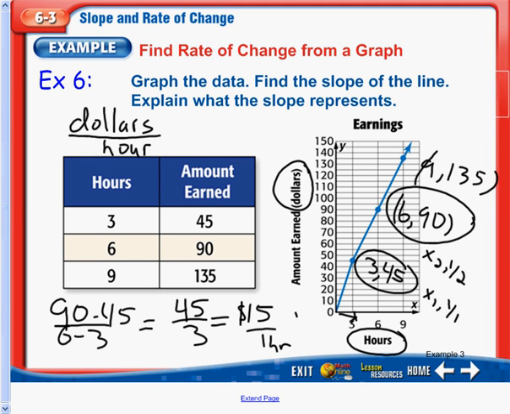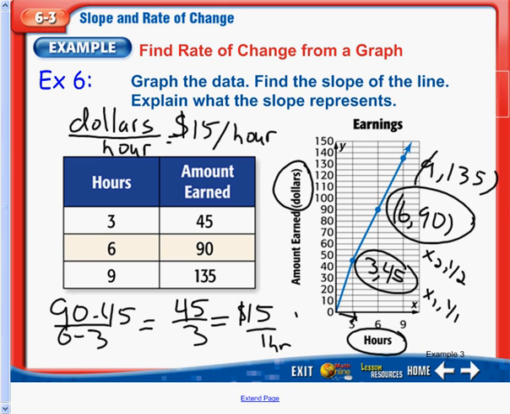So I'm going to rewrite this up top here to explain it. So we have $15 per hour, which means we are earning $15 per hour. So $15 per hour would be, for example, a rate of pay.